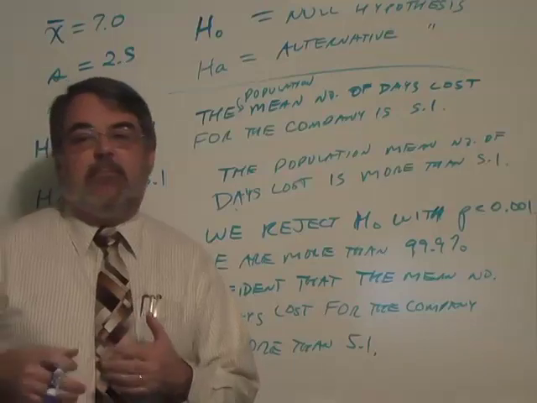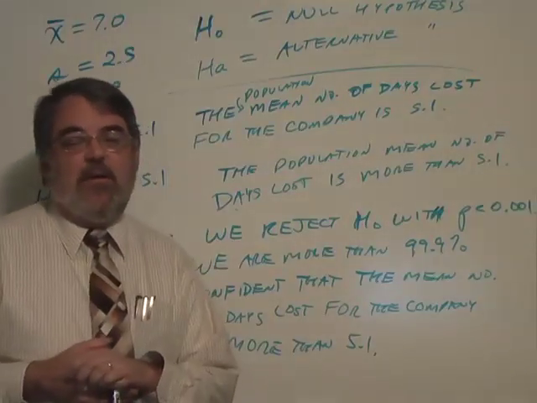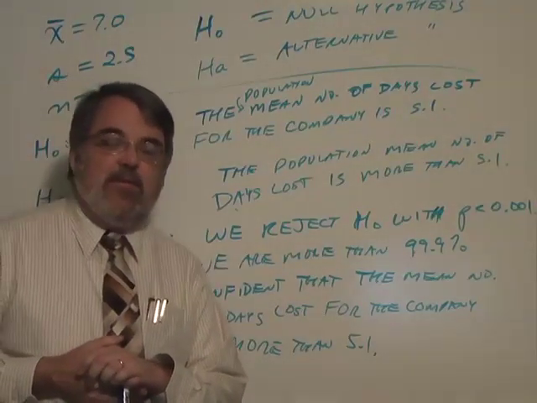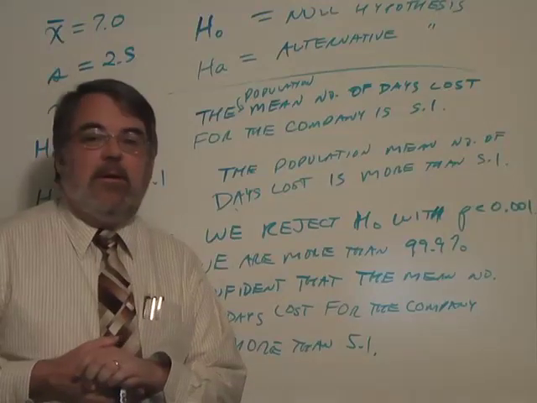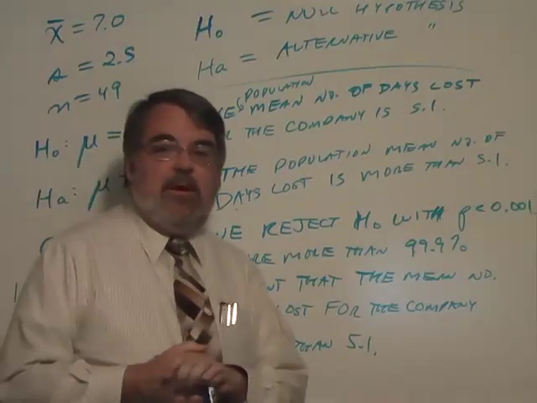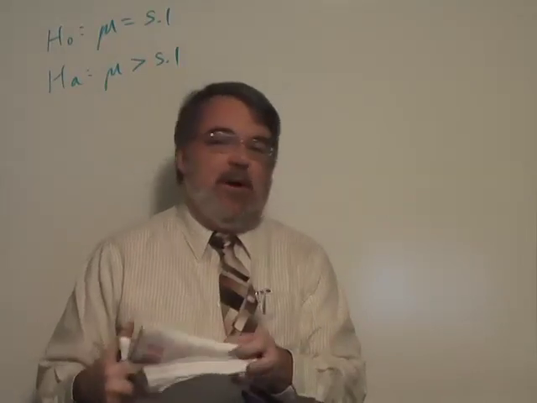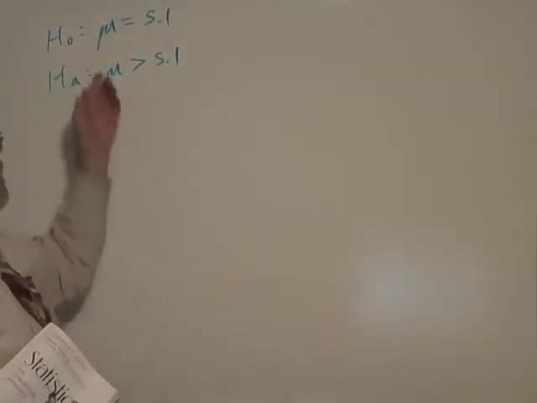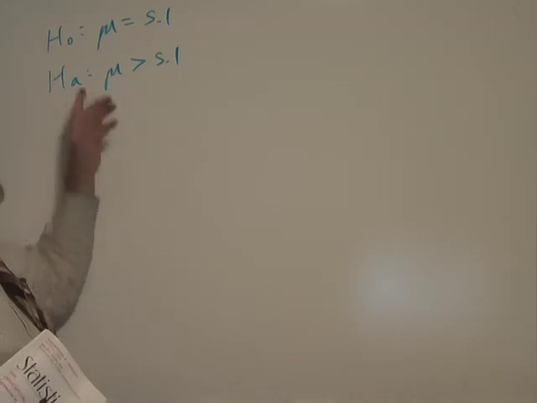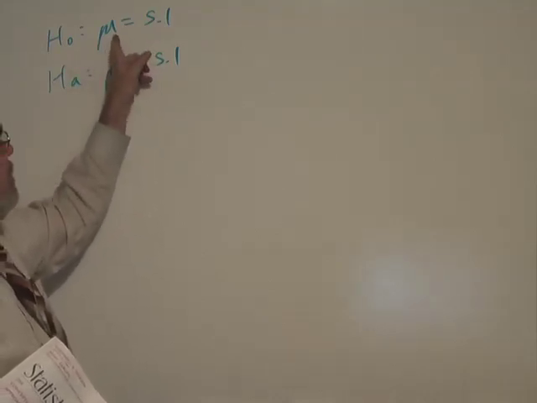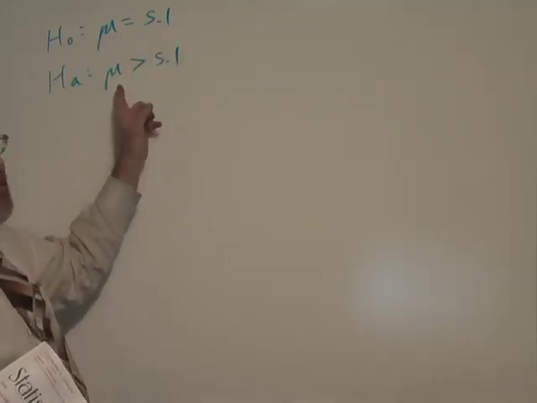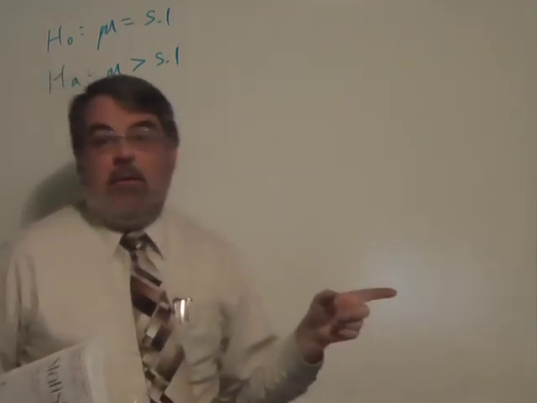Well, I want to talk about a little bit of terminology here before we look at some additional problems. So let me erase the board and we'll come back with that. I put the hypothesis test from the last problem up on the board. Again, the null hypothesis is that mu is equal to 5.1. Alternative was mu is greater than 5.1.